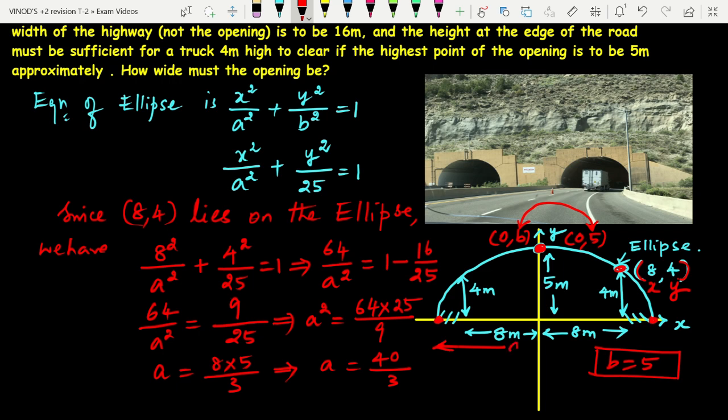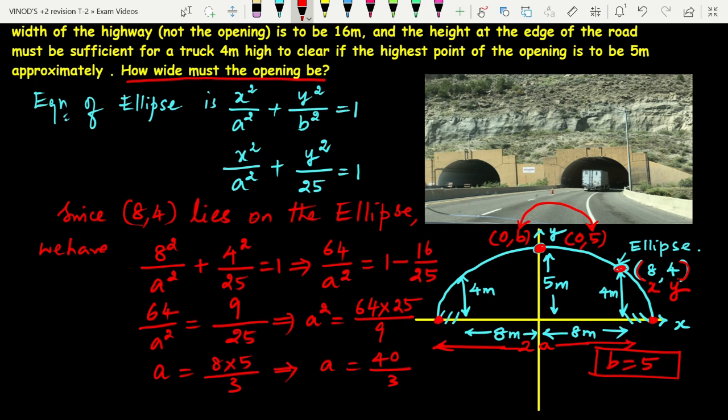What is this a? From this point to this point, the distance is a. We have to find how wide must the opening be. So we have to find this distance. So this is a units. This is another a units. So a plus a will be 2a units.